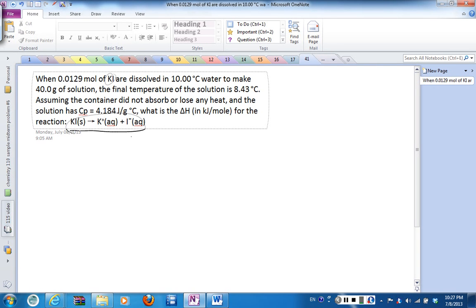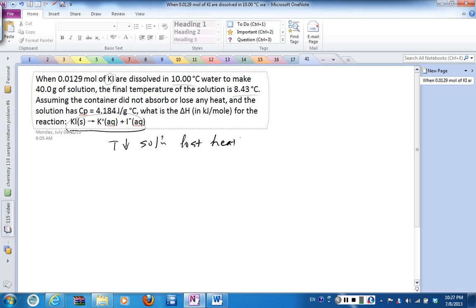Once you dissolve the compound, the temperature of the solution actually went down from 10 to 8.43. Temperature went down means the solution lost heat.